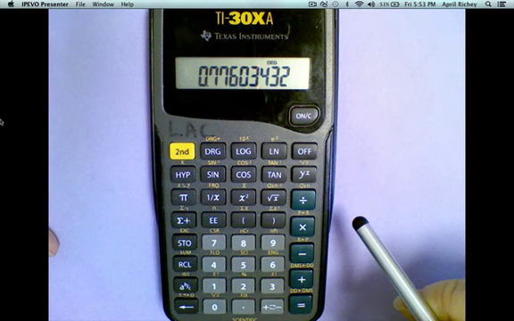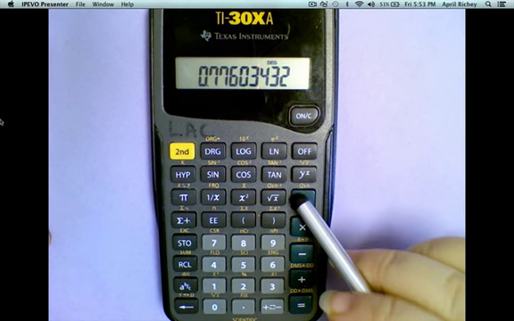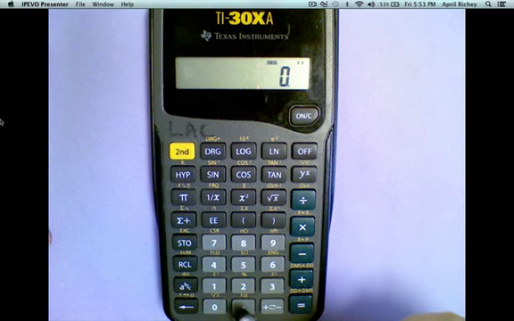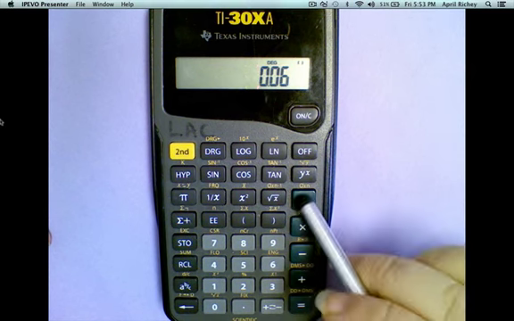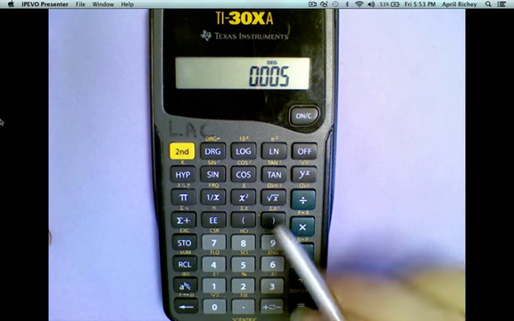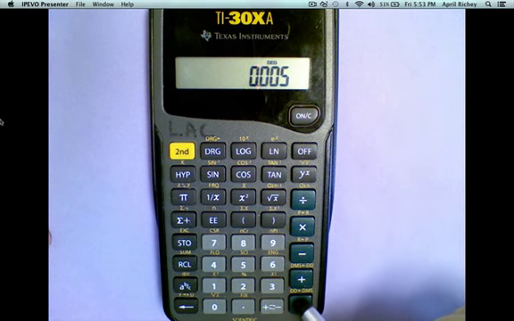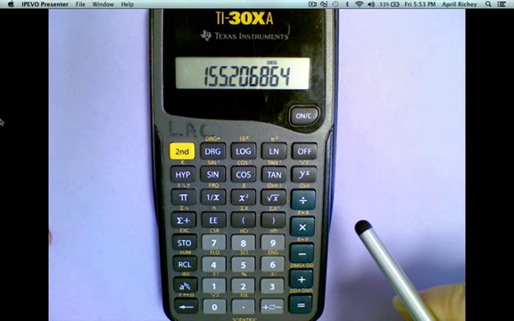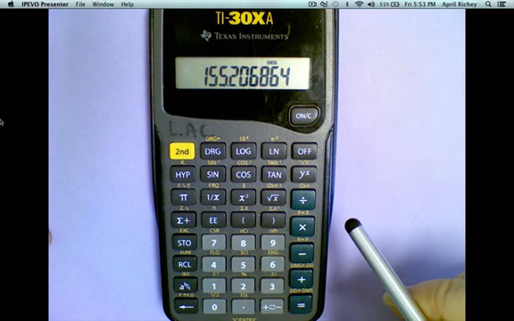0.7760. Now I'm going to divide this by 0.06 divided by 12. So divide by, open parenthesis, 0.06 divided by 12, close your parenthesis, and then press equals to do the division. That gives me 155.2068, and that decimal continues on.